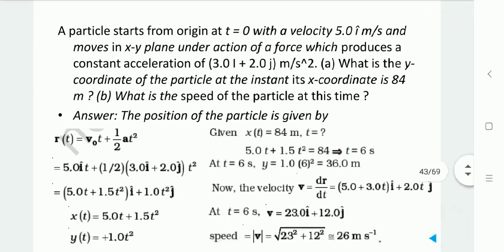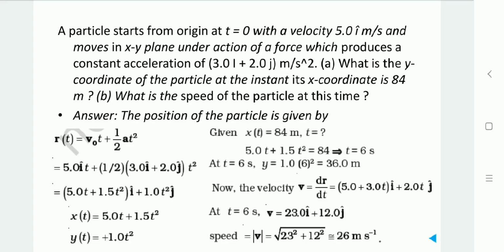So here let us utilize the equation related to the measurement of the distance. r of t equals v0 t plus 1/2 a t square, from where we are able to get its position. The initial velocity is already given at time t equals 0, that is 5i.